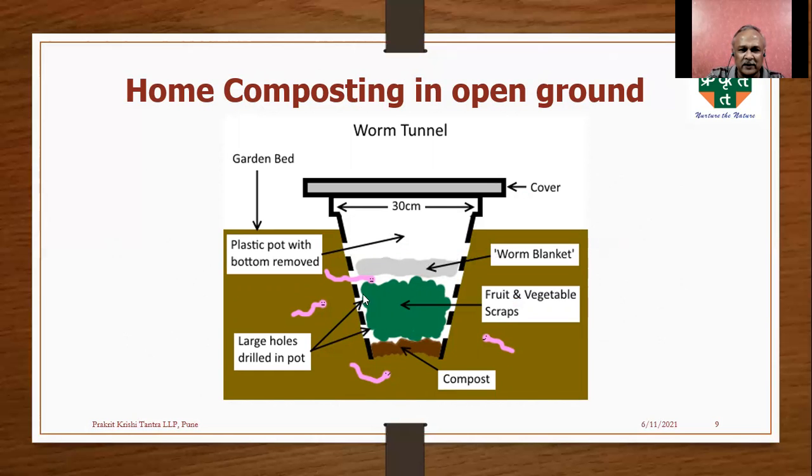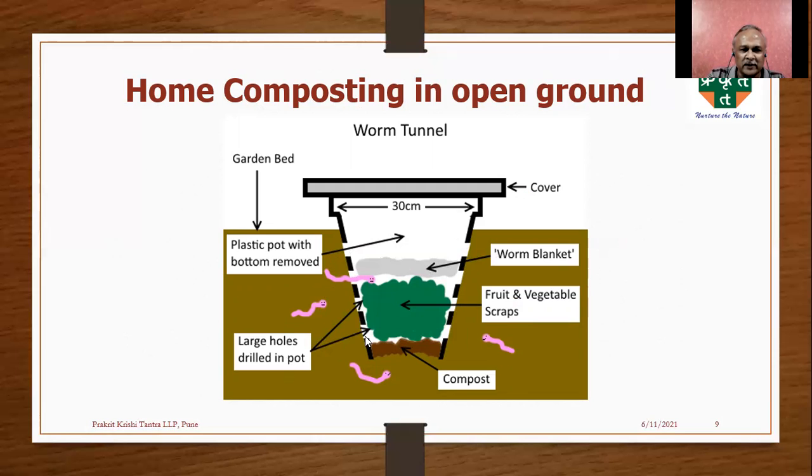Before that, make different sizes of holes, finger-thick holes, on all the sides, so that worms and other organisms from the soil can penetrate both ways, inside out and outside in, and work on the material inside for composting.